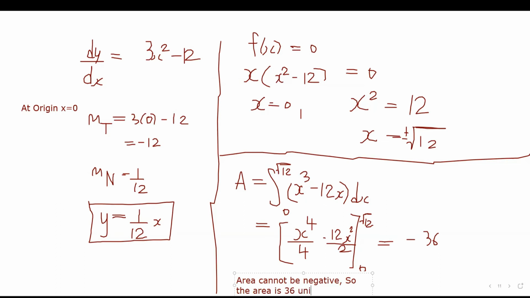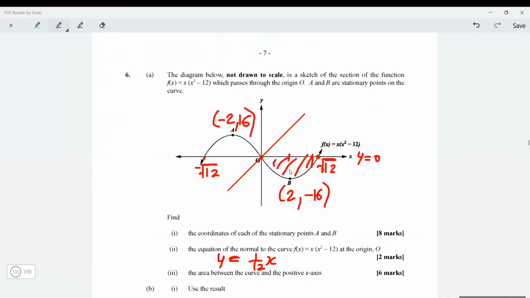It's just the positive of the value, 36 units squared. The only reason why it's negative, Marika, is because we're below the x-axis. So that's why it comes out negative. If we did it above it, that'd be positive, but below is negative. All right. So the area is positive 36.